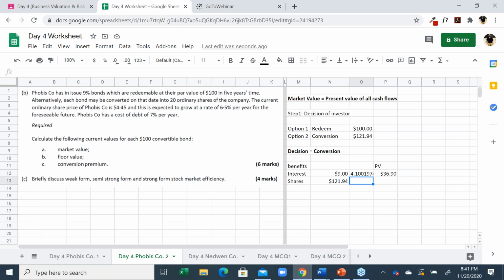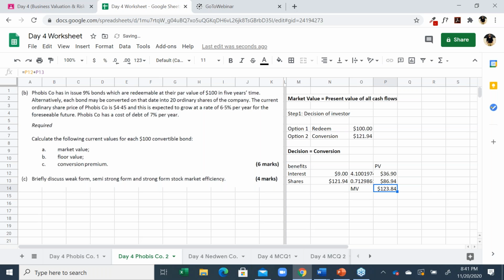And for this 121.94 we need the discount factor, 1.07 raised to the power minus 5. And let's add these two. That's the present value, or you can call it market value.